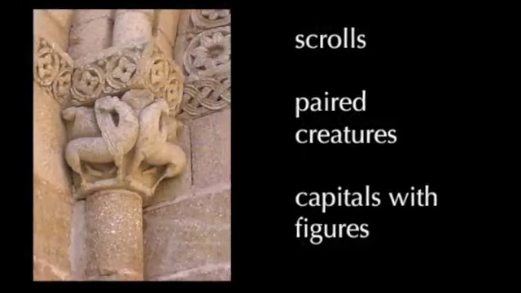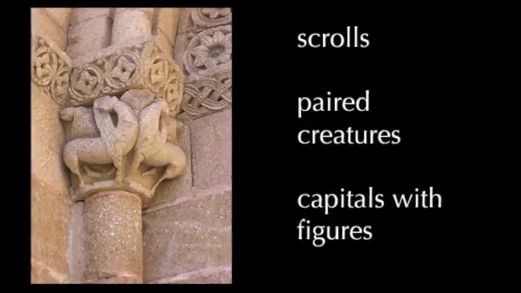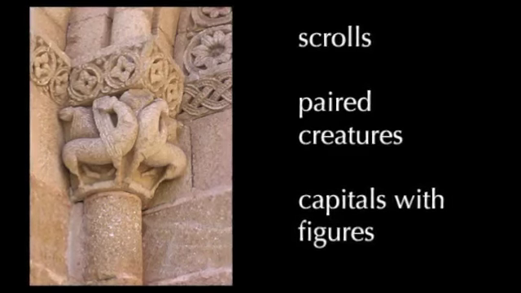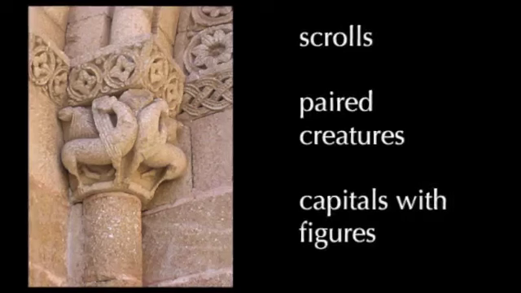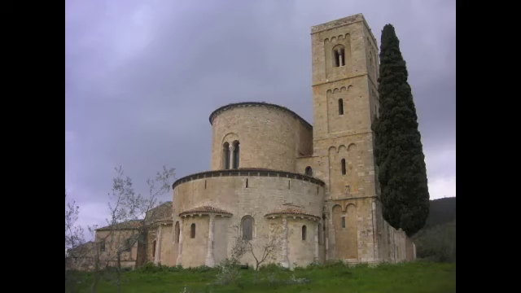Mouldings were often decorated with spiral or floral patterns, and capitals were often figurative and could show paired beasts. The most decorative part of the building is generally the portals of the west front. These characteristics make Romanesque a distinctive and unified style that can be recognised right across Europe.